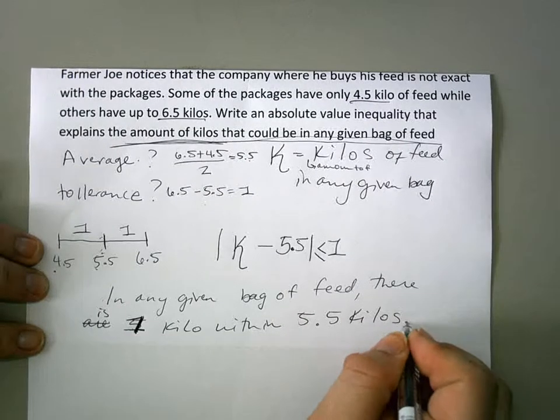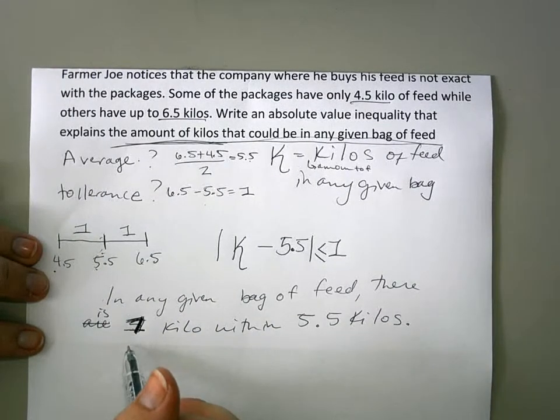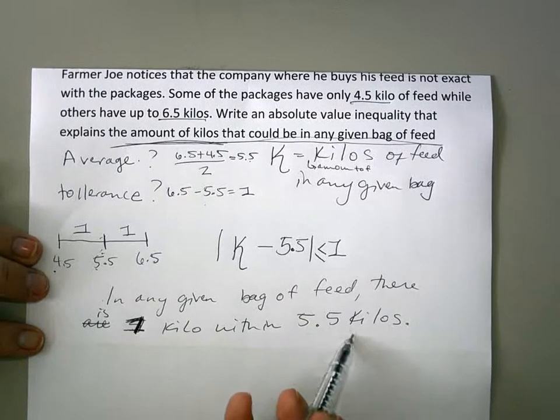That's a really awkward sentence there, but you get the idea. In any given bag of feed, there is 1 kilo within 5.5 kilos of feed.